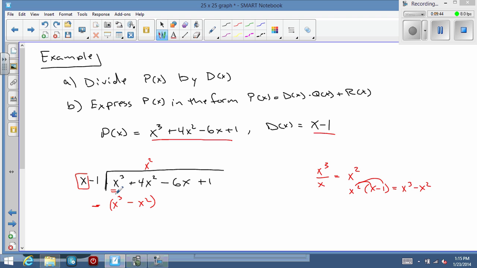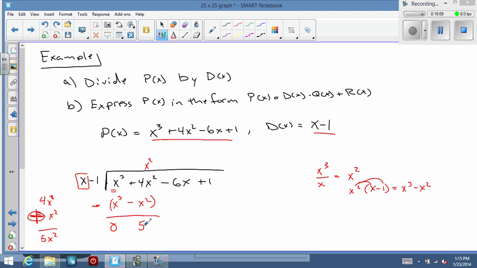So when I subtract here, x cubed minus x cubed, I get 0. And 4x squared minus a negative x squared. So if I go over here, 4x squared minus a negative x squared, the two negatives make a plus. So I'm going to be adding these because of the double negative. So 4x squared plus x squared is 5x squared.